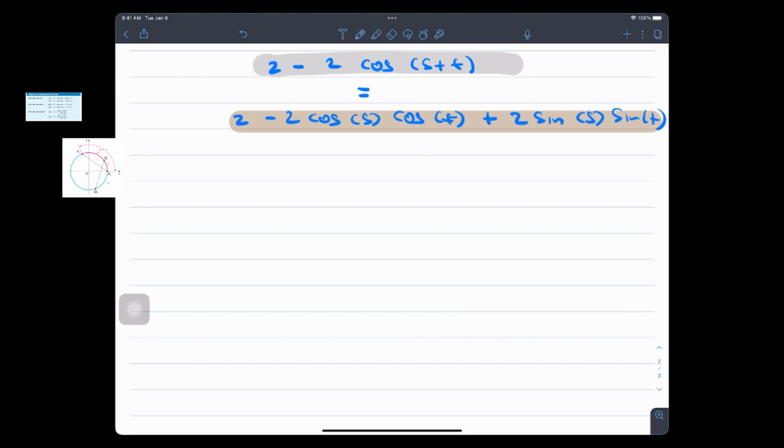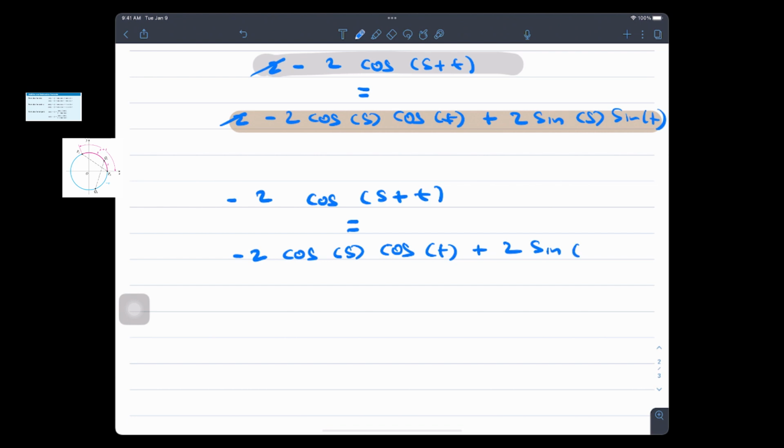Notice if I subtract 2 from both sides, doesn't this 2 go away? Right? So now you have the following. Negative 2 cosine(s plus t) equals negative 2 cosine s cosine t plus 2 sine s sine t.